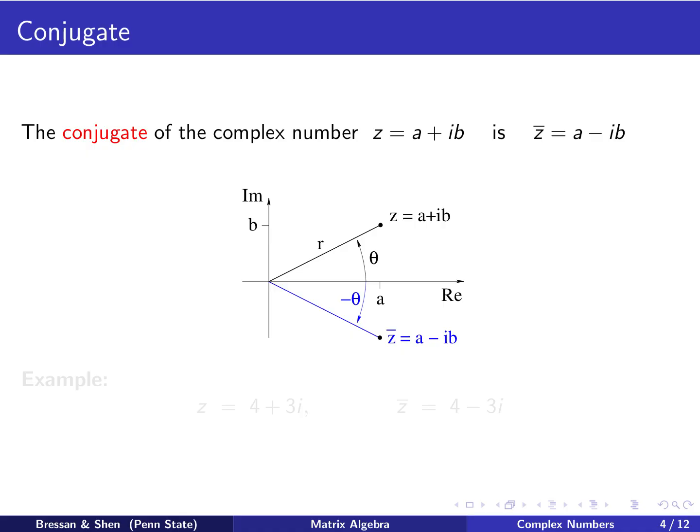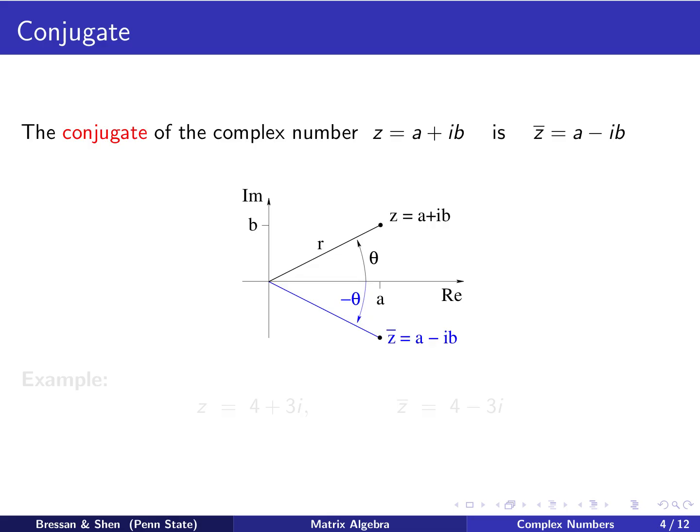For each complex number, there is another number which we call the conjugate of the complex number. Let's say z is a plus ib. Then the conjugate of z, which we denote by putting a horizontal line on top of z, will be a minus ib.